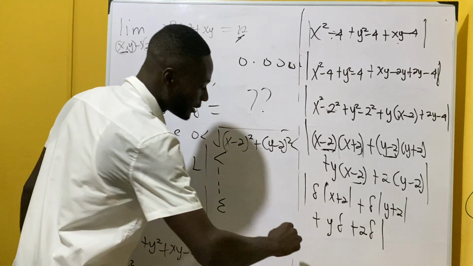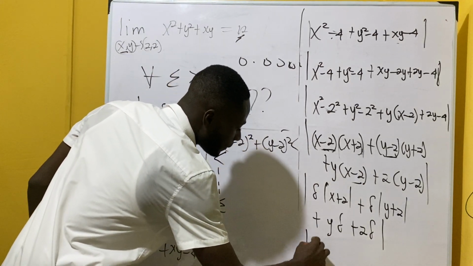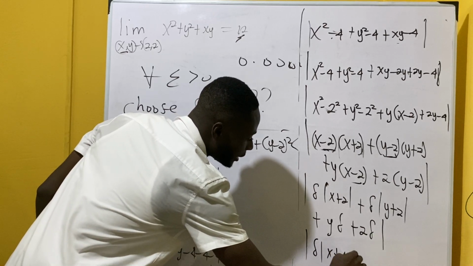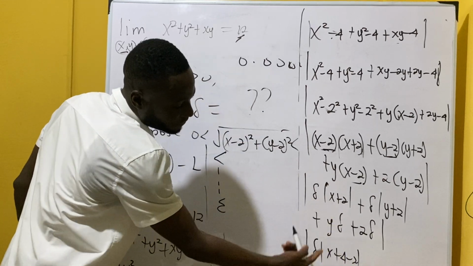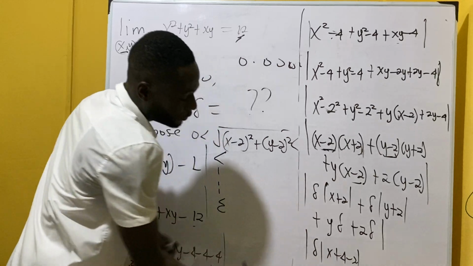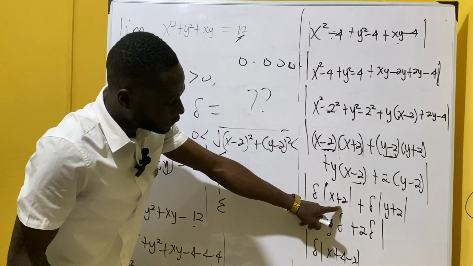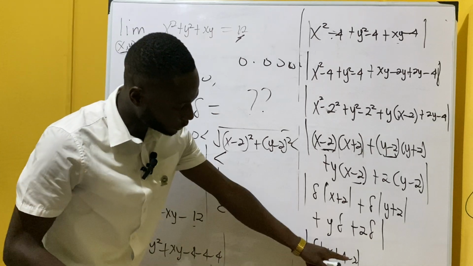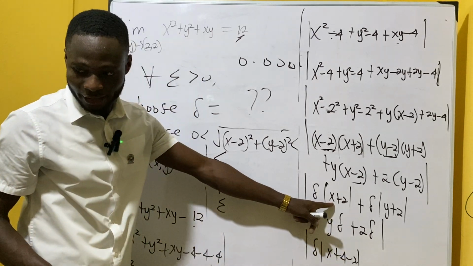So we have right here delta into x plus 4 minus 2, which is the same thing. We haven't changed anything. x plus 2 and x plus 4 minus 2 is the same thing because when you subtract 2 from 4, we result to the same thing.